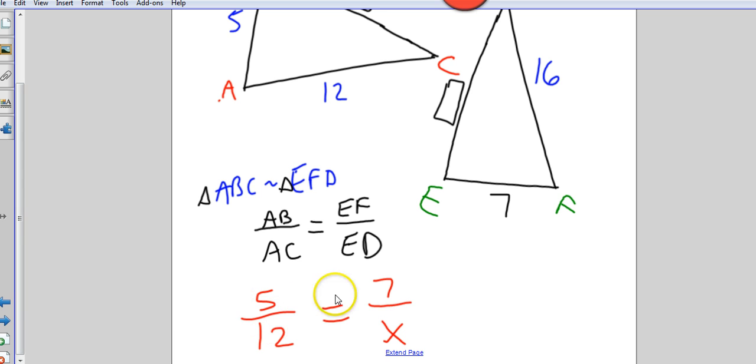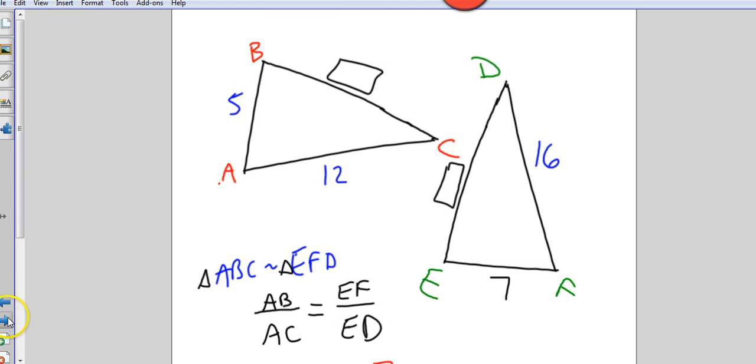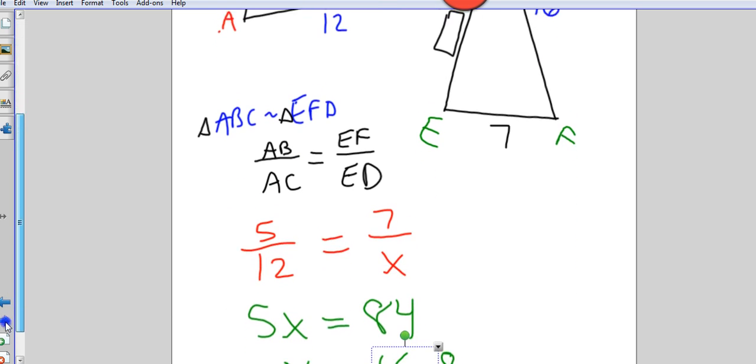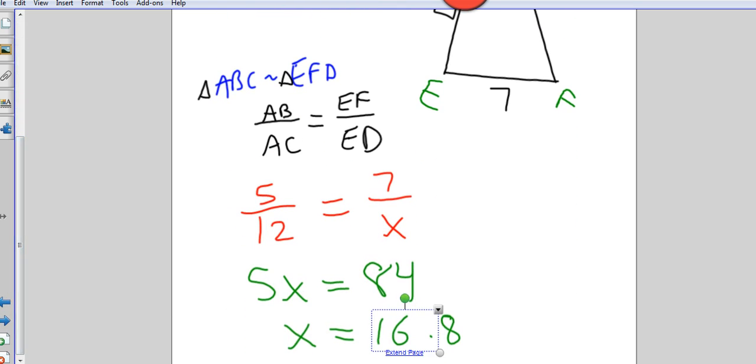So 5 over 12 equals 7 over x. You could have also said 5 over 7 equals 12 over x. You could have said 7 over x equals 12 over 5. You could have said 7 over 5 equals x over 12. Any of those will give you the same corresponding cross products equation, which is 5x equals 84. So x, it looks like, equals 16.8.